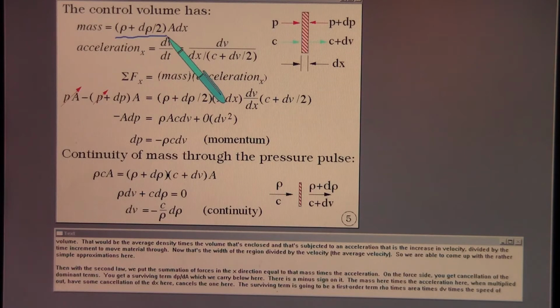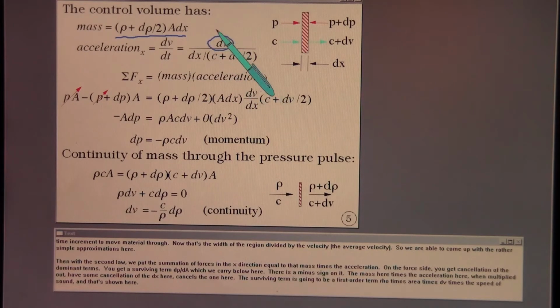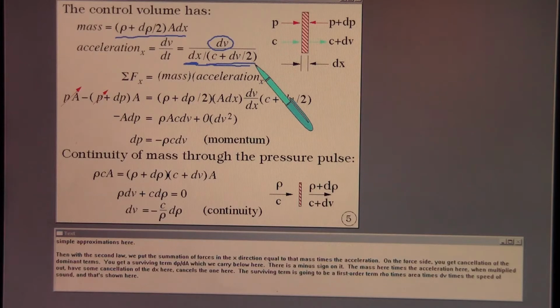That would be the average density times the volume that's enclosed, and that's subjected to an acceleration that is the increase in velocity divided by the time increment to move the material through. Now that's the width of the region divided by the velocity, the average velocity. So we're able to come up with rather simple approximations here.